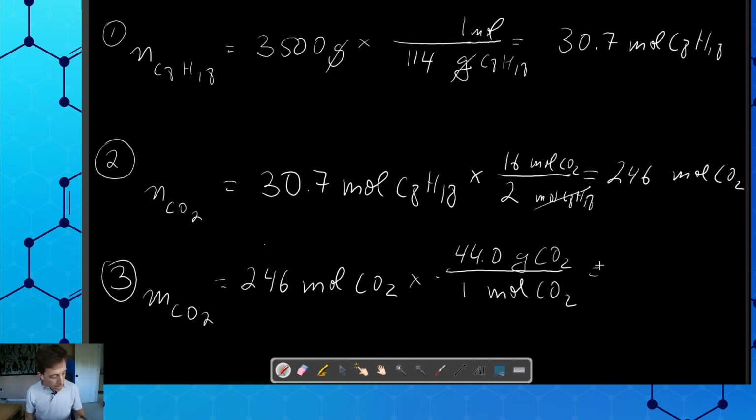And if we plug that in, we end up with 10,824 grams of CO2. Since we want this in kilograms, let's convert that to kilograms.